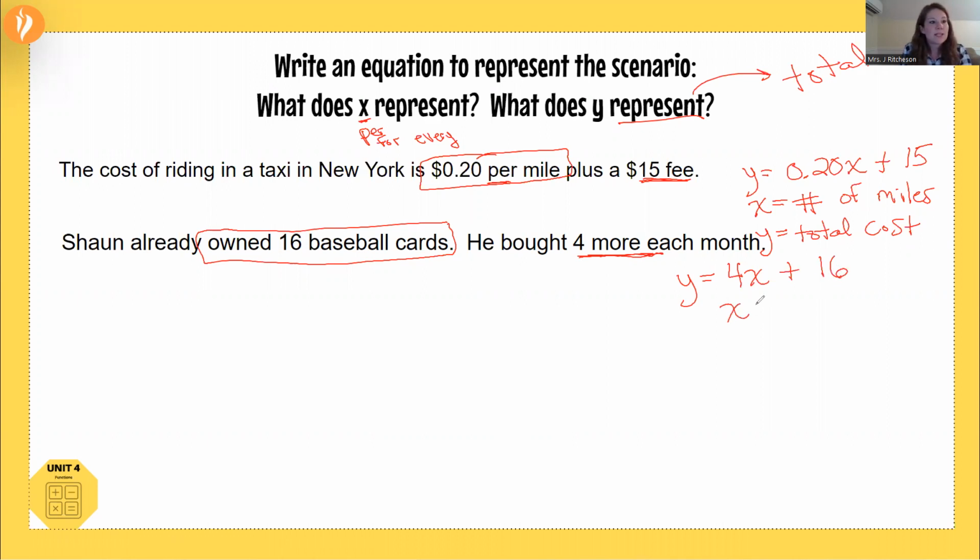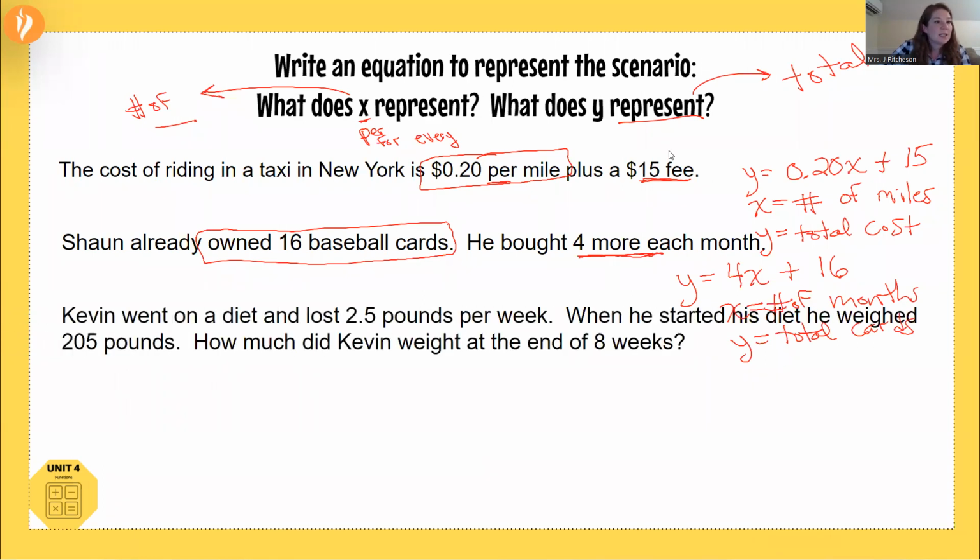What does x represent? How many months he's collecting them, number of months. And y is the total baseball cards. So x is always going to be the number of something. You're always going to say it's the number of blank. Months, number of miles, whatever the scenario is.